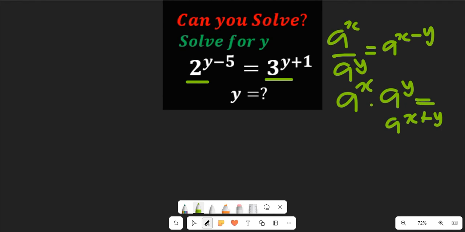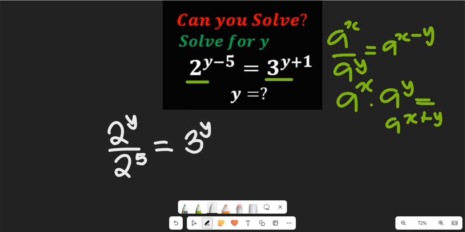So what do we do from here? Considering these two expressions, we're going to simplify both. So we're going to have on the left-hand side 2 to the power of y divided by 2 to the power of 5, right? And this will be equal to 3 to the power of y multiplied by 3 to the power of 1, right?